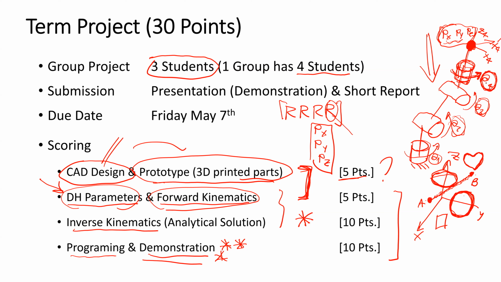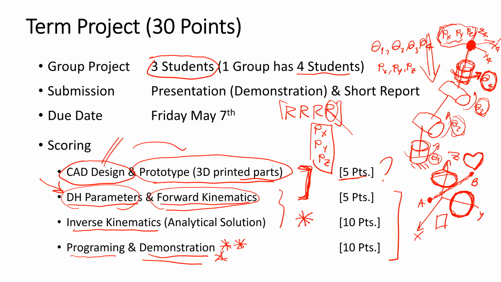But they also have one advantage of putting the motor in this way, because it can reduce some complication. For the inverse kinematic, your task is to derive theta 1, theta 2, theta 3, and theta 4, so that we can get px, py, pz at the end effector.